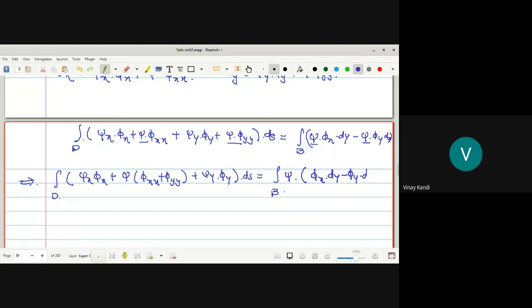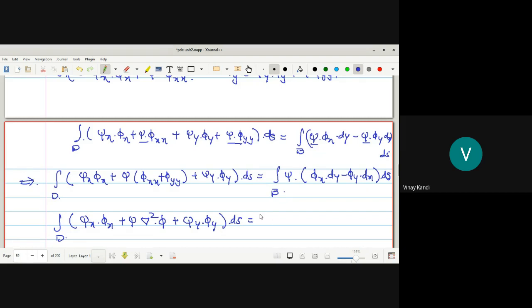Now the integration on D of psi del square phi plus del psi dot del phi ds is equal to the integration on B of psi.